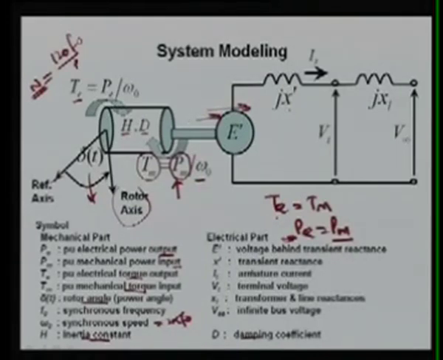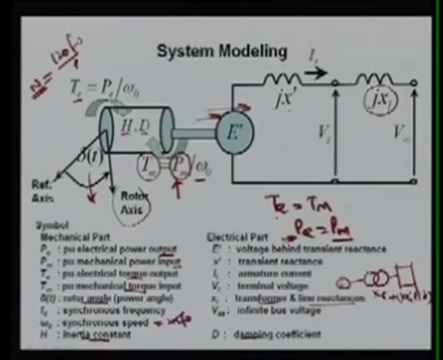This XL includes the transformer and the line reactances. As I said, we had one transformer and then two lines, the same example, so it is XT plus XL1 parallel to XL2. So X is the combination of the transformer as well as the two transmission lines, which are in parallel.